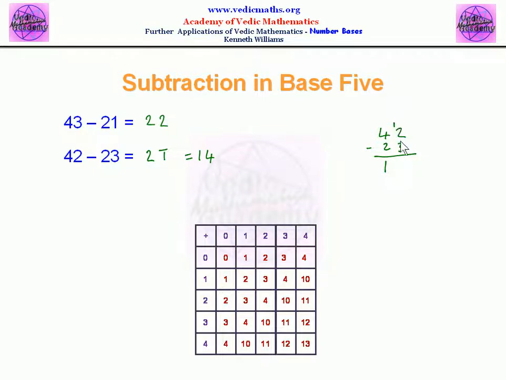And now we would have 12 take away 3 to do. Well, you can either convert that into base 10 subtraction, it'll be 7 take away 3 is 4. Or you can look at the table, 12 take away 3, here's 12, take away 3 is 4. So we get 14 again.